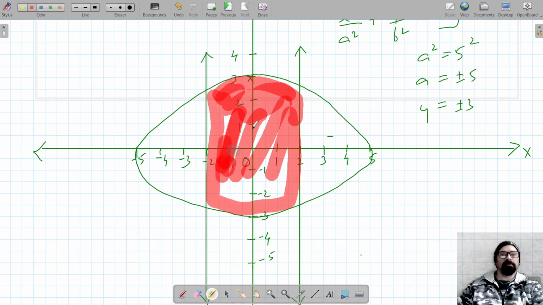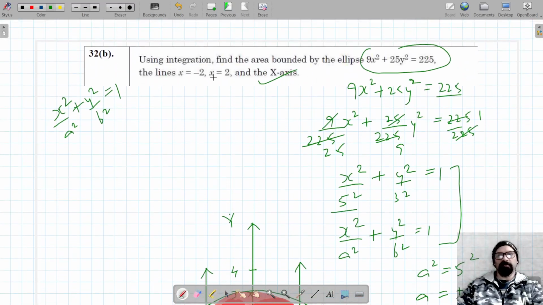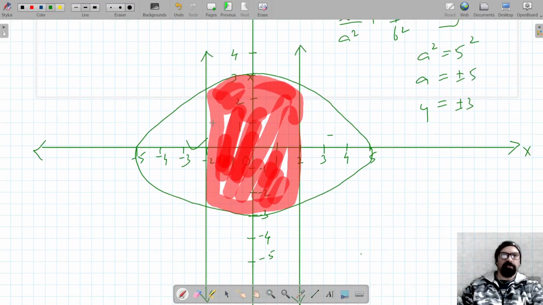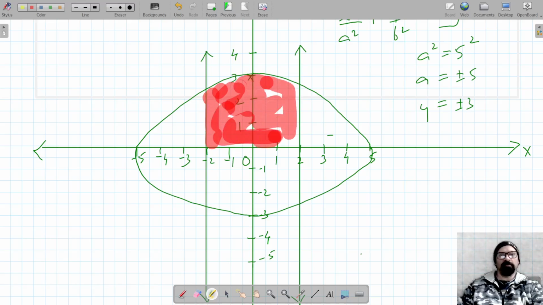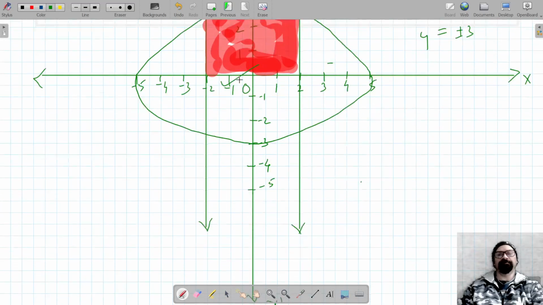This is the area between the x-axis. So our area of concern is between the x-axis, x is equal to -2, x is equal to 2, and the ellipse. This is the shaded area that we have to find.